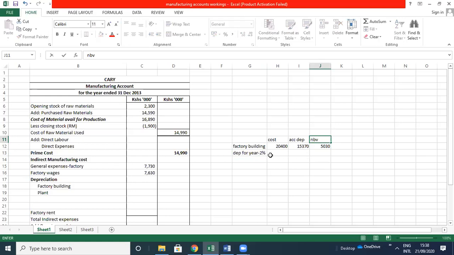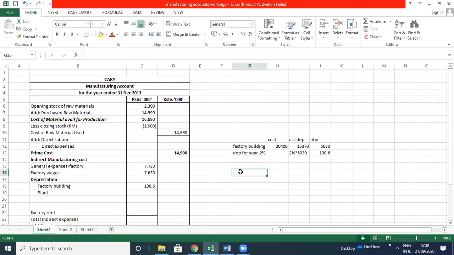So 2% of 50/30 gives us what? 100.6. That is the amount that we bring in there. So we proceed for the plant.